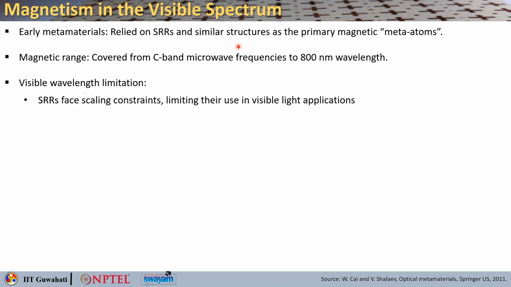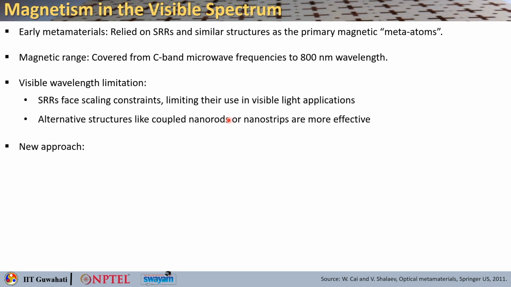Split ring resonators could not go beyond that because of the saturation effect, which we have already discussed in the previous lecture, because they have their intrinsic limit. So, these coupled nanorods and nanostrips became popular.